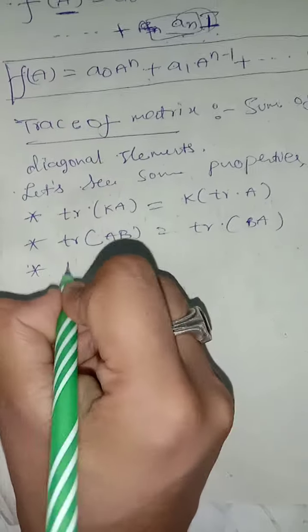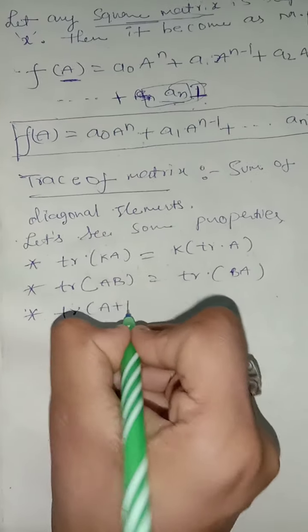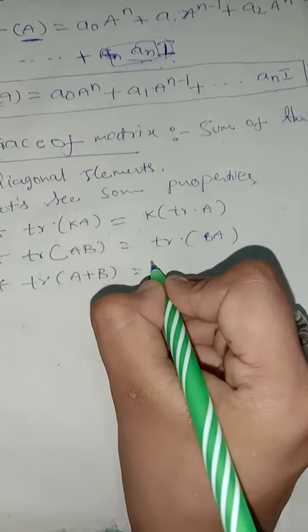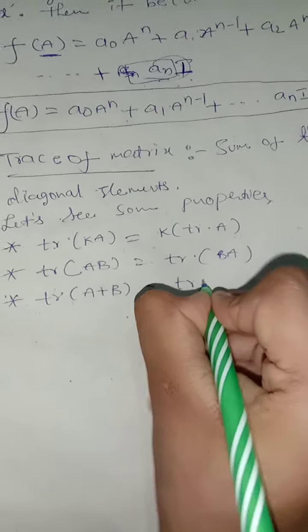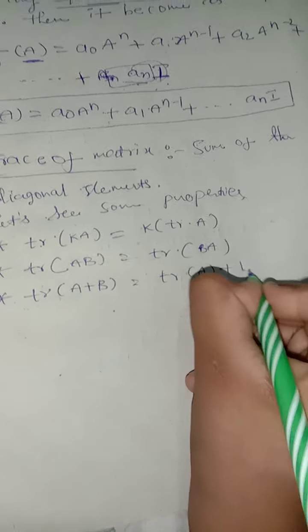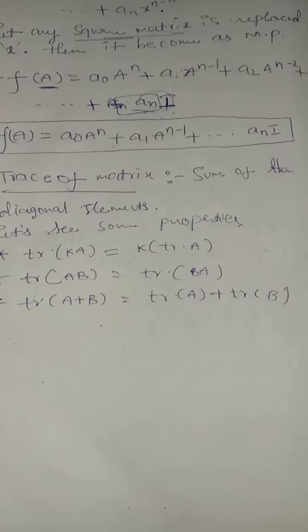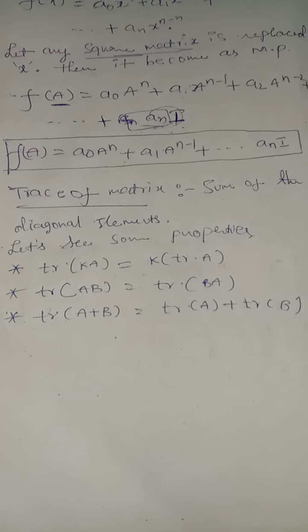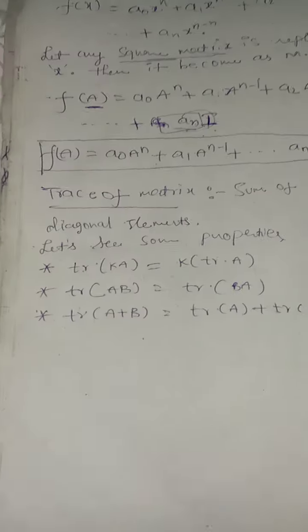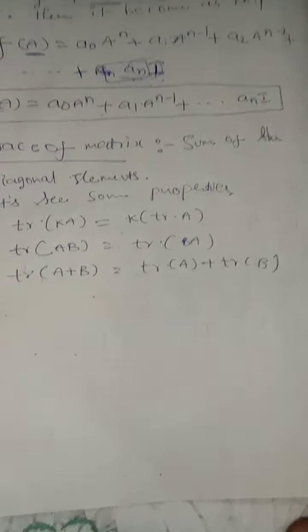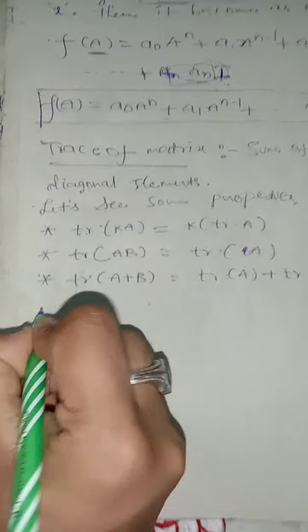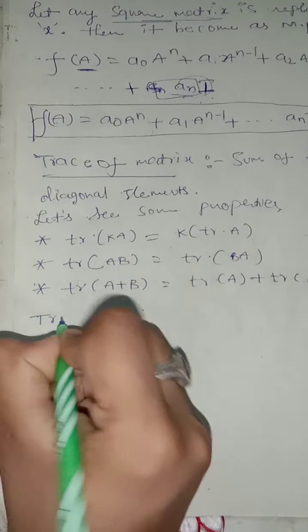The next one is trace of A plus B equals trace of A plus trace of B. These are some of the properties which are useful. And next, let's see the transpose of a matrix.